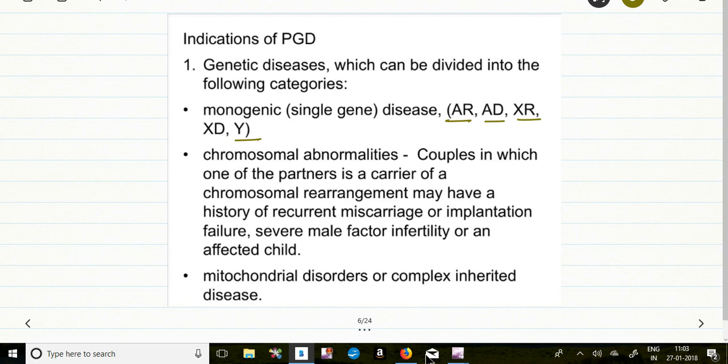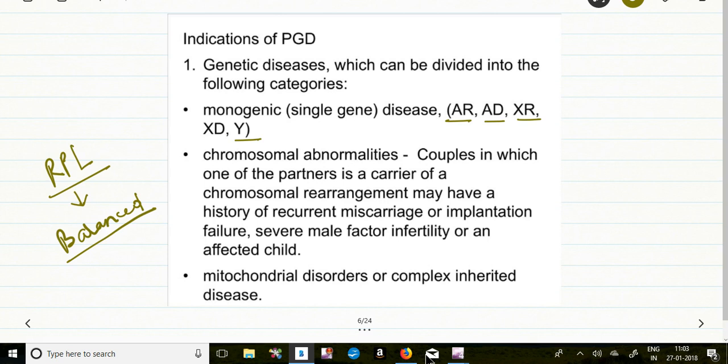Chromosomal abnormalities. Suppose there's a couple with recurrent pregnancy loss. You did karyotyping in both husband and wife, and they were carriers of balanced translocation. Now, it is known with balanced translocations that the person actually carrying balanced translocation does not have major phenotypic effects of the translocation, because it is balanced.